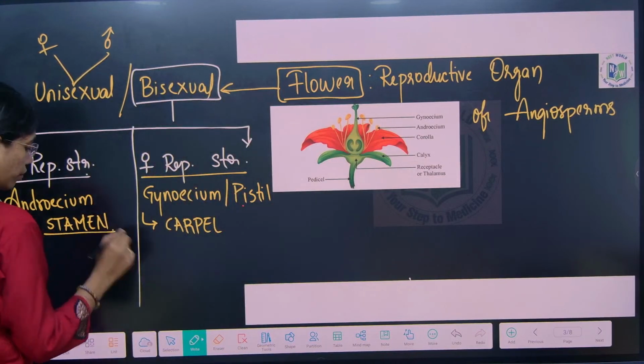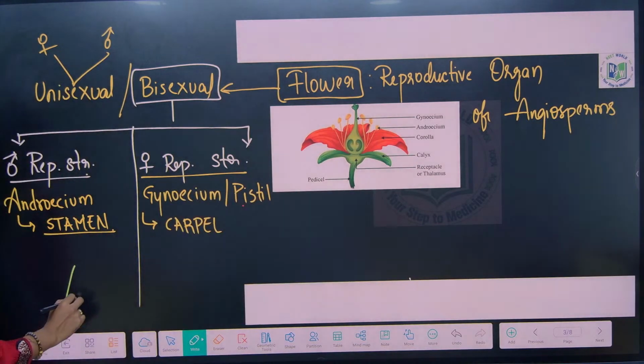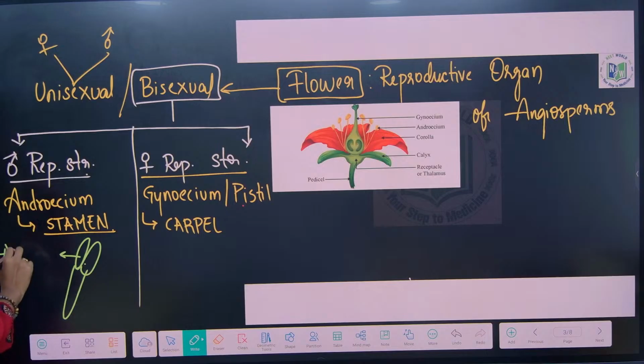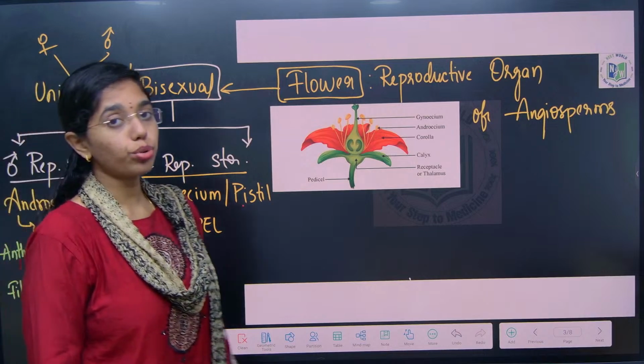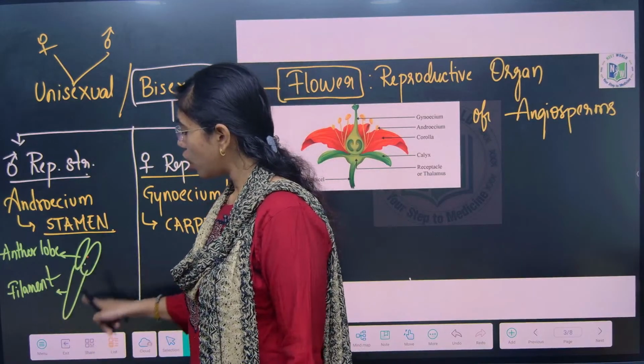Here if you observe the components of stamen, it has one long filament and anther lobe at the top. Fine, right? It has an anther lobe and a filament. Anther lobe is dithecous. It has two theca. We will clearly learn on the structure of anther today, and it has long filament.